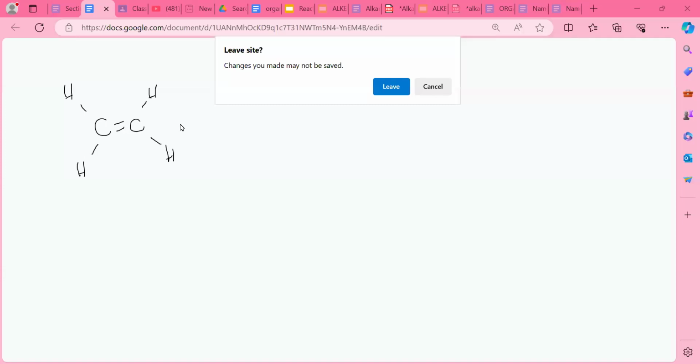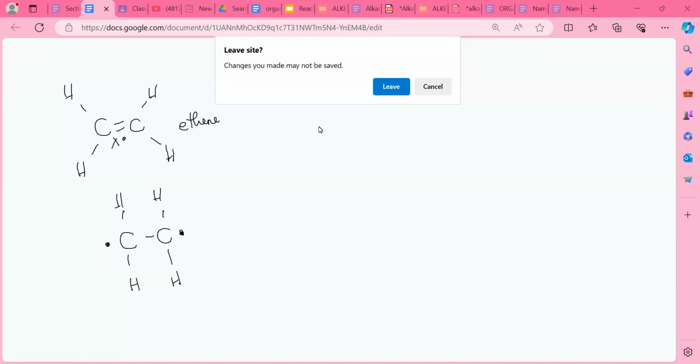So here is a monomer. This monomer is ethene. Now, when ethene forms a polymer, the double bond is going to break. This double bond is really the sharing of one pair of electrons. So when I break the double bond, this carbon has an electron, and this carbon has an electron.